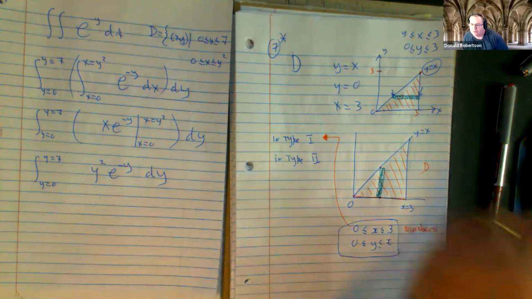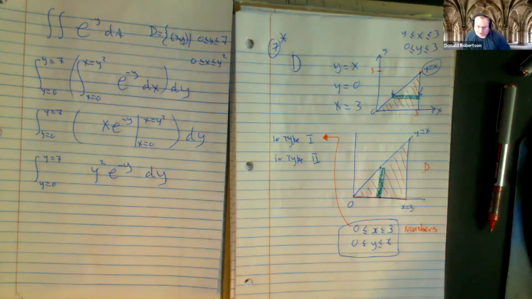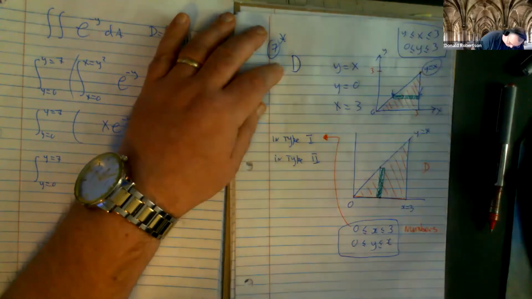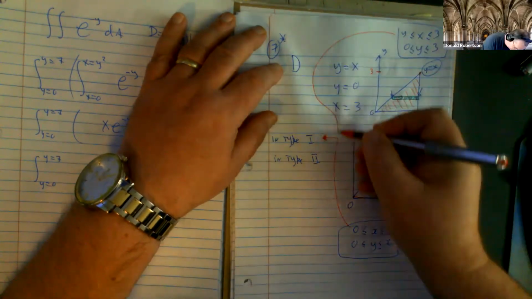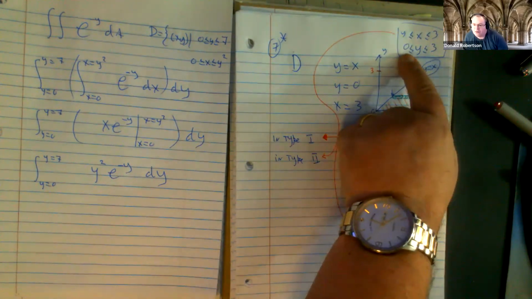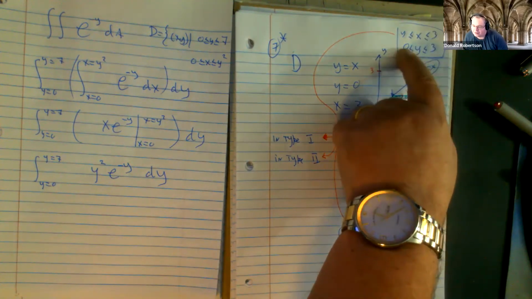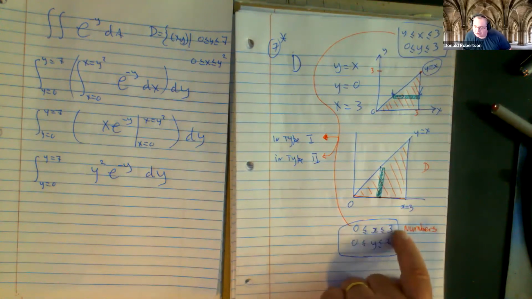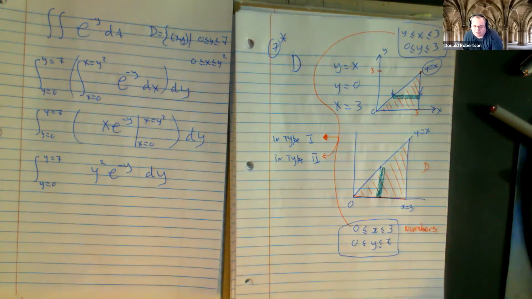They're interchangeable. So, boom. And that guy is type 2, right? Type 2, the numbers are in the range of Y's. Type 1, the numbers are in the range for the X's. Are we good so far?